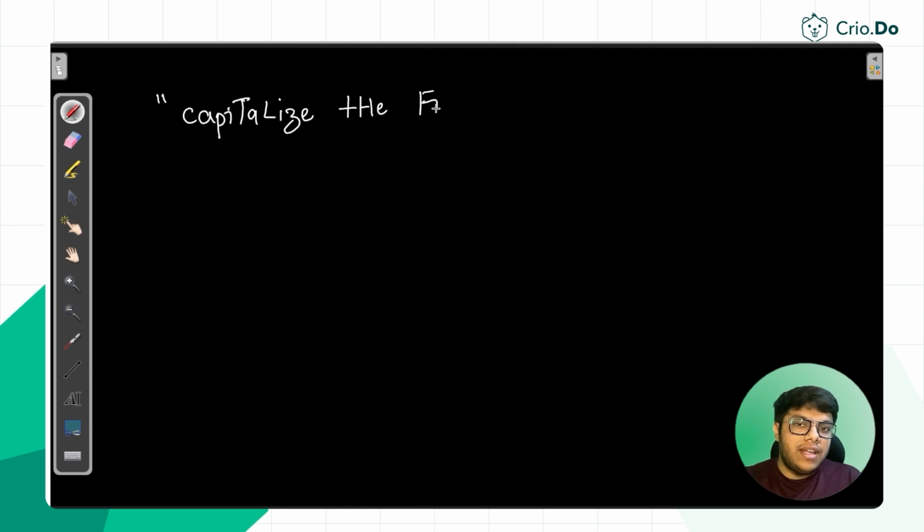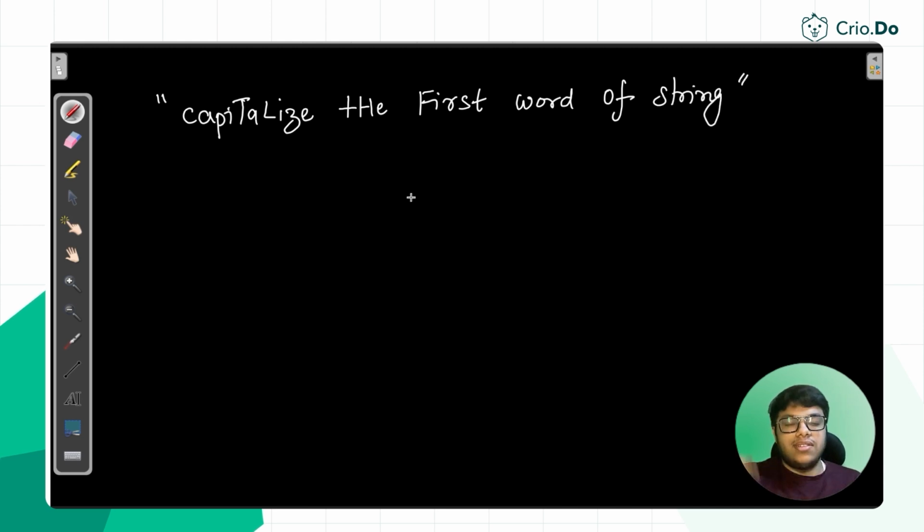Let me bring the string again: "capitalize the first word of a string", with the T of "the", the F of "first" and other letters written in capitals, and let me make some words having all the letters capital.